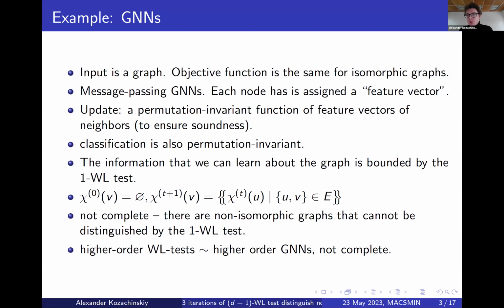So, for example, chi2 of v will be: you look at all the neighbors and you see what are the degrees of these, and you write them as a multiset. Just that there are that many neighbors of degree 2, that many neighbors of degree 3, and so on. So basically this will be chi2.